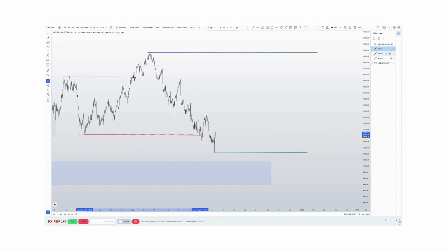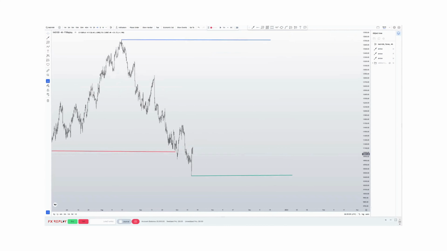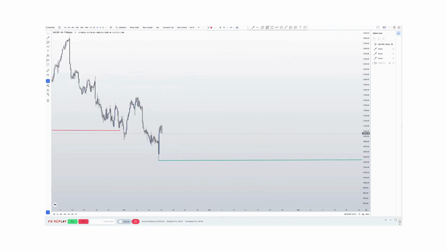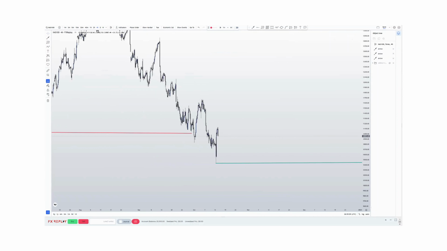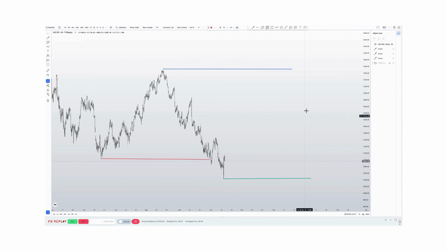So in regard to that, this is what we have on the H4. We are yet to know where the week swing will be formed, but we already have a protected swing and we have a break of structure over here.